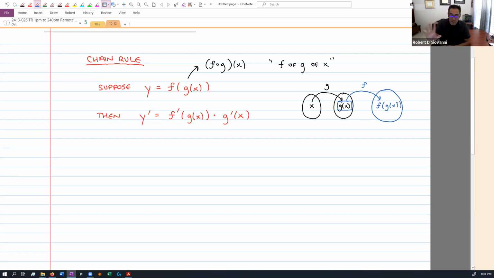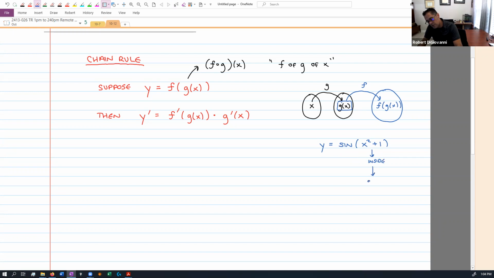So let's look at one specific example of a composition. Let's say we have y equals sine of x squared plus 1. If we look at this example, we can identify which function is the f function and which function is the g function. So let's start with the g, the inside function, the inner one.